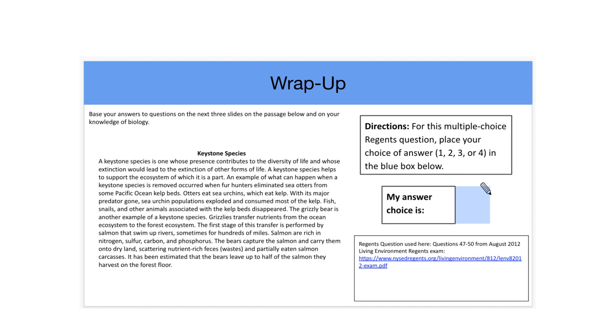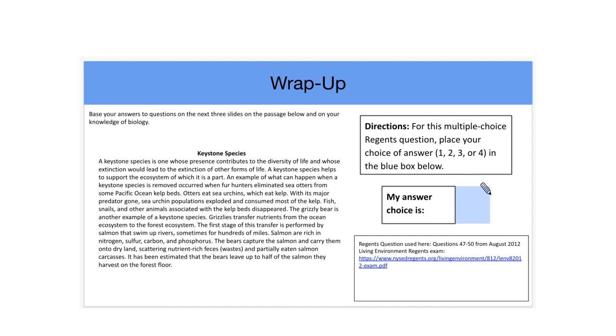So base your answers to questions on the next 3 slides on the passage below and on your knowledge of biology. This is a question that appeared on the Living Environment test in August 2012. Let's start by reading the passage one time and trying to find the main idea of this passage.